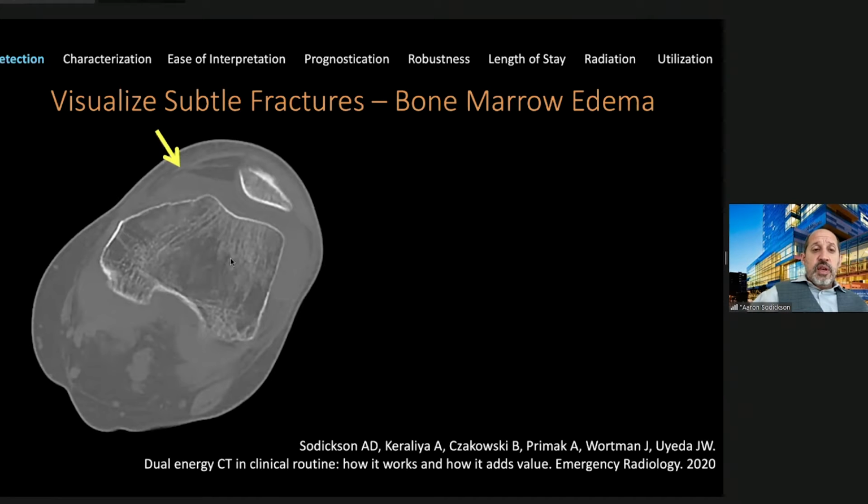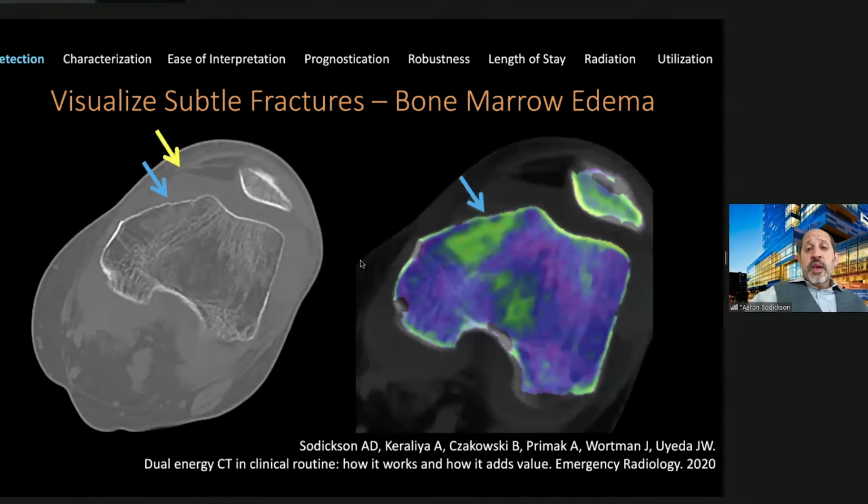Subtle fractures. If you're paying attention, you can see these very subtle fracture lines here. We know there's a fracture because we have lipohemarthrosis right here, but it's hard to see the fracture itself. This is the bone marrow application. This is a virtual non-calcium application that subtracts away the attenuation from the trabeculae running through the marrow space.